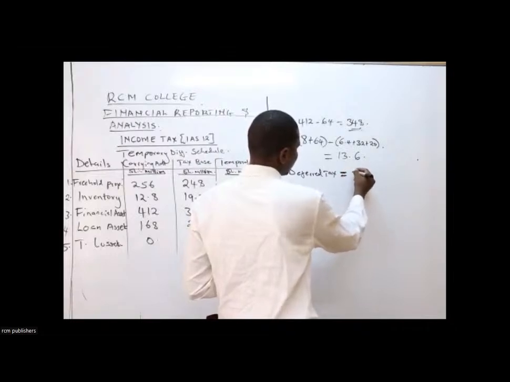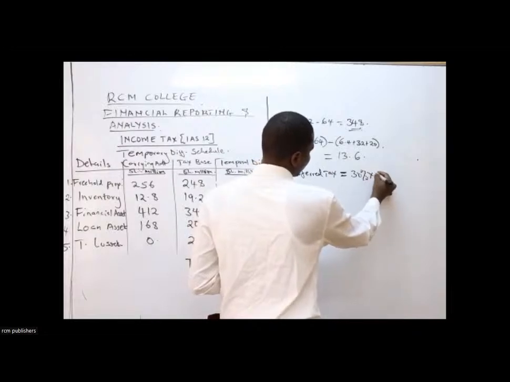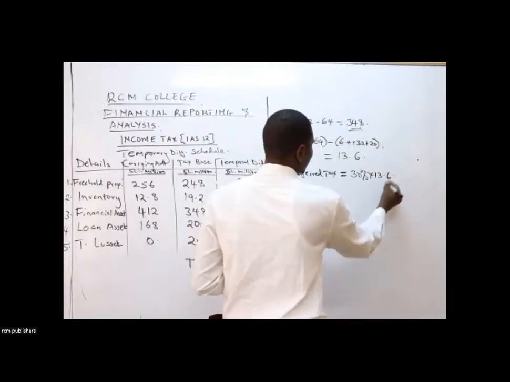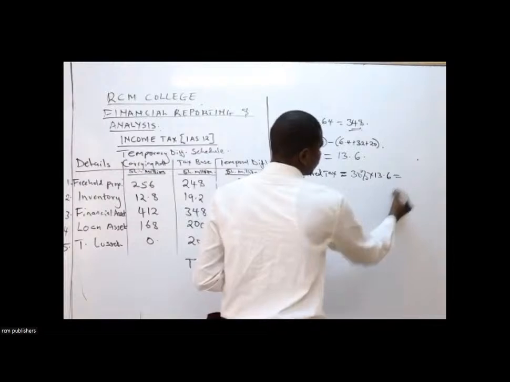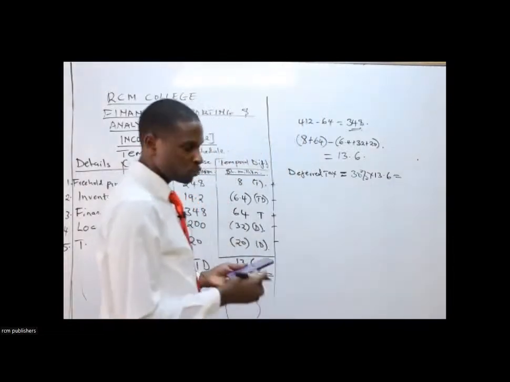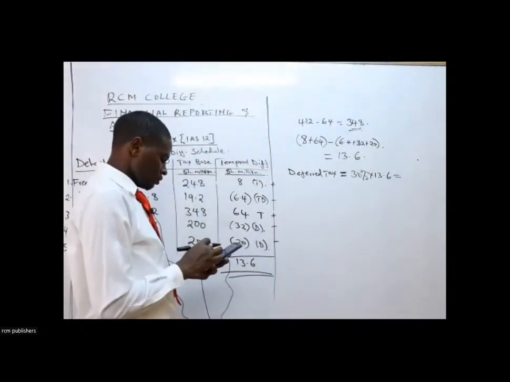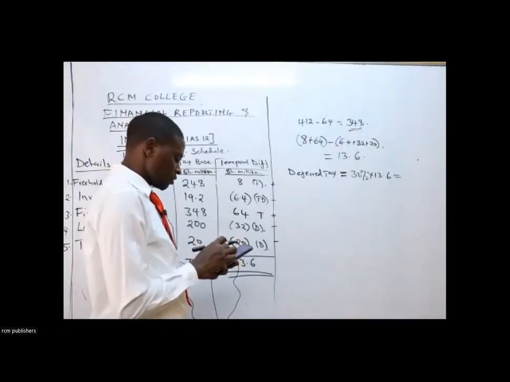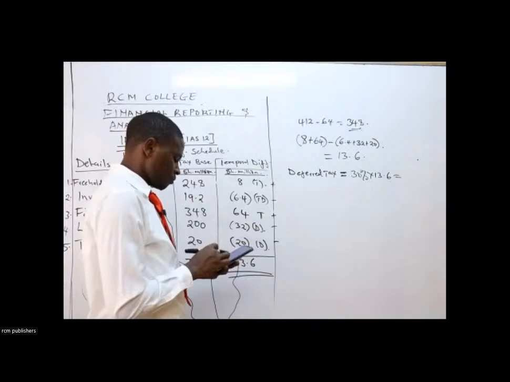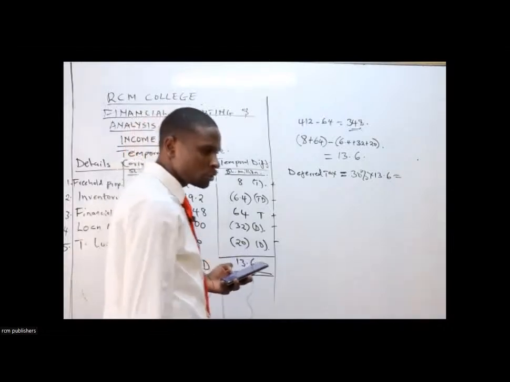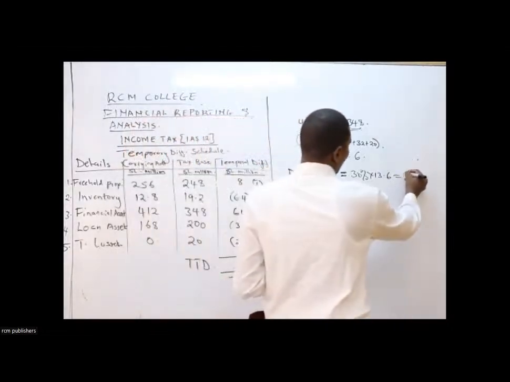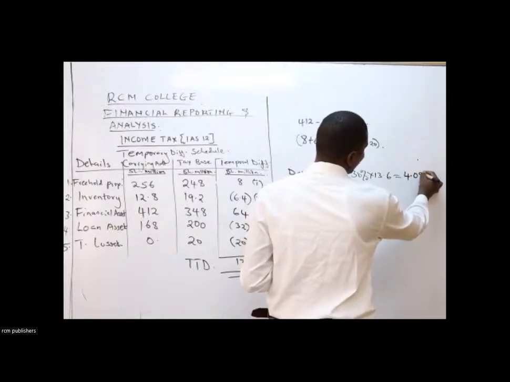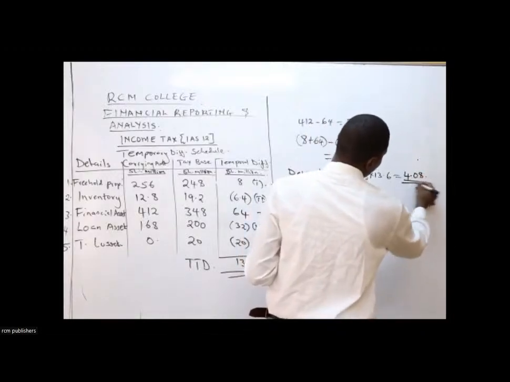So deferred tax asset, 30% of 13.6, which will give us, let me check, 0.3 times 13.6. I'm getting 4.08. Yes, 4.08 as the deferred tax.